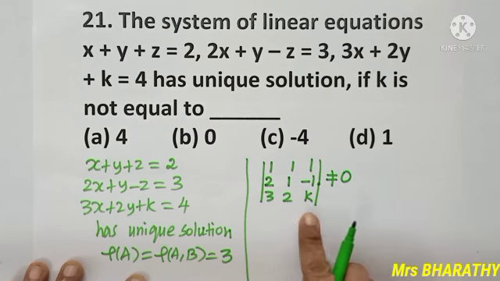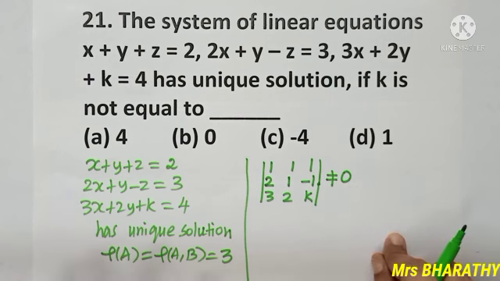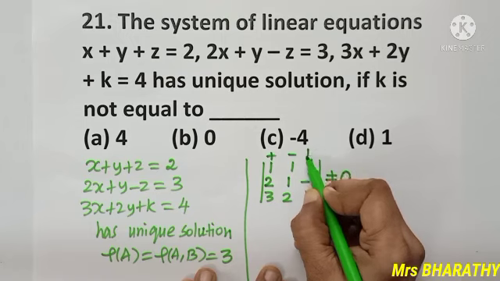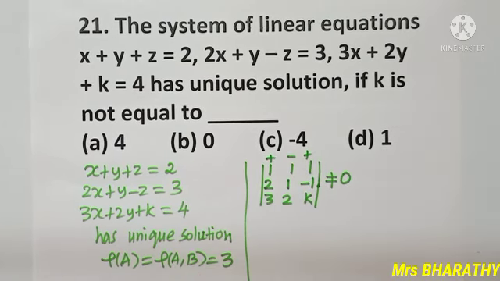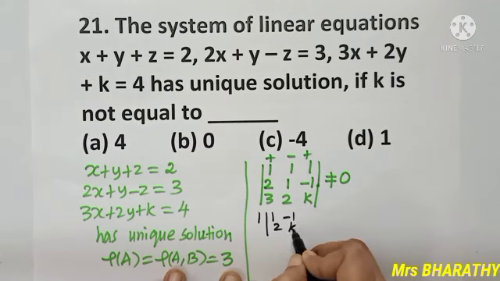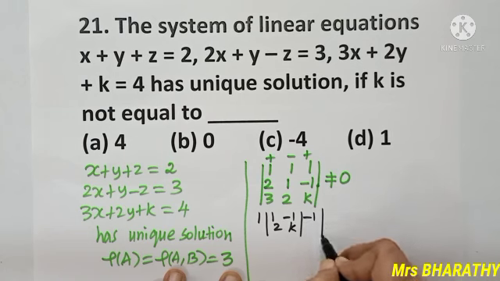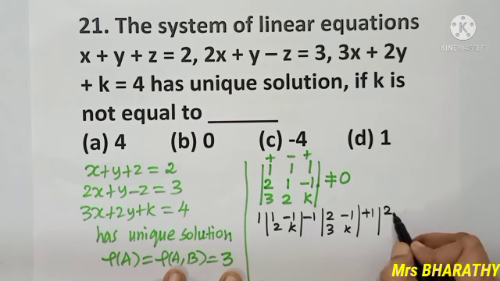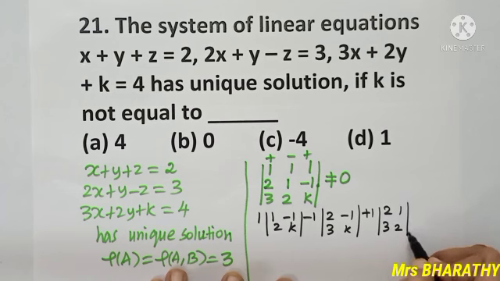If I expand with plus, minus, plus: 1 into, hide the row and column, 1 minus 1, 2 k. Minus 1 into, hide the row and column, 2 minus 1, 3 k. Plus 1 into, hide the row and column, 2, 1, 3, 2. This is not equal to 0.